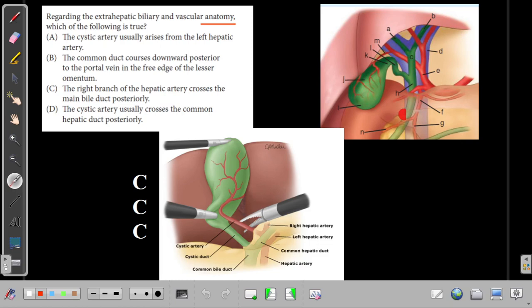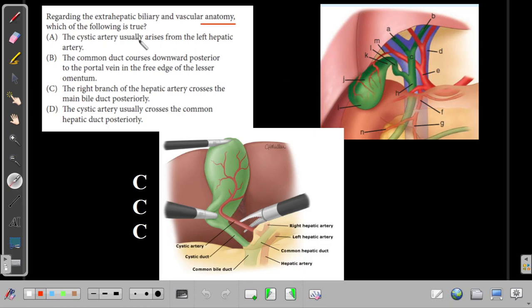As you can notice here, the right branch of the hepatic artery goes posterior to the bile duct, common hepatic duct. وبعد كده يدي cystic artery. Put in mind, in 10% of people, it goes in front of the bile duct, okay?